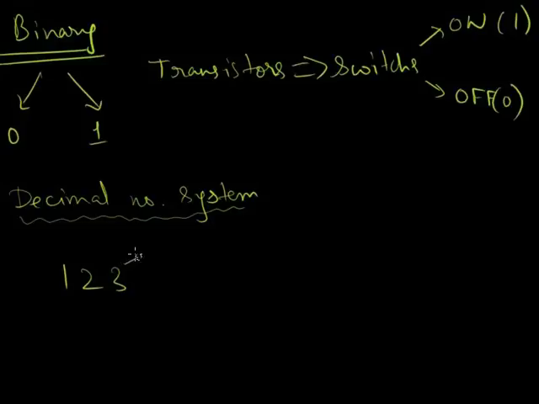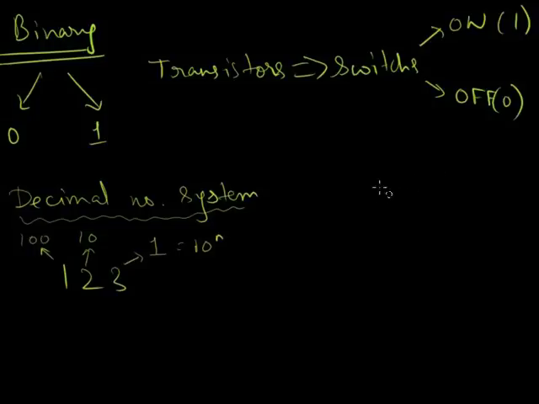There is a 3 in ones place, there is a 2 in tens place, and a 1 in hundreds place. So that is why we say that it's a decimal number system. Why? Because the places are the powers of 10: 10 raised to 0, 10 raised to 1, 10 raised to 2, and so on. So we recognize numbers in the powers of 10.